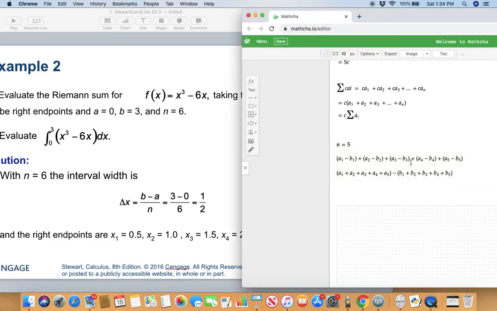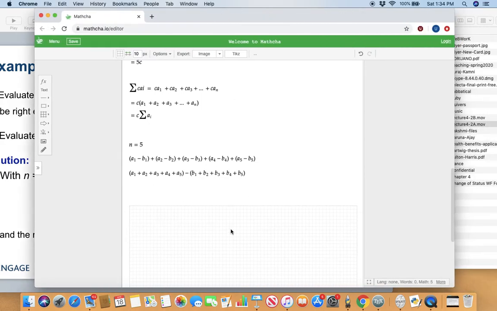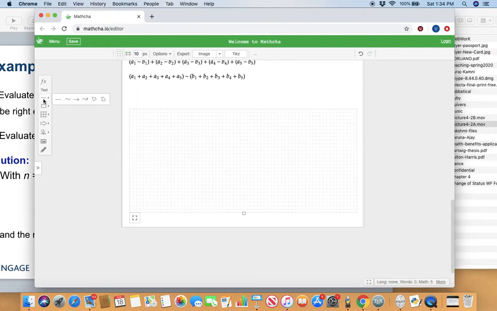So let's draw a picture. I'm going from 0 to 3. That's my number line. Okay. So this is my number line. I'm going from 0 to 3.